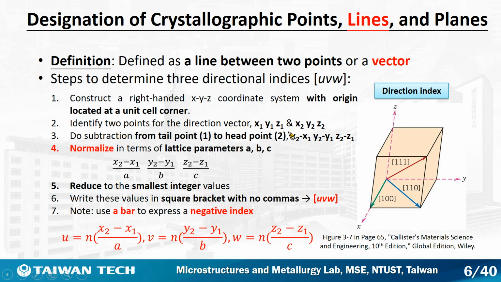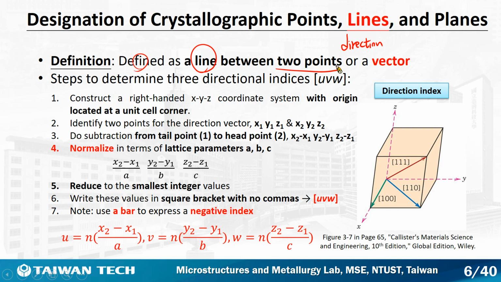So let's move on to talk about the lines. You can call it the lines or directions, like a direction index or line index. For the definition, we need to define a line, and this line must be between 2 points, because we know that 1 point is 0 dimension.